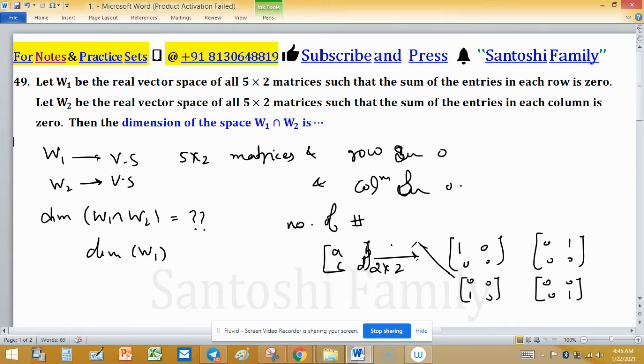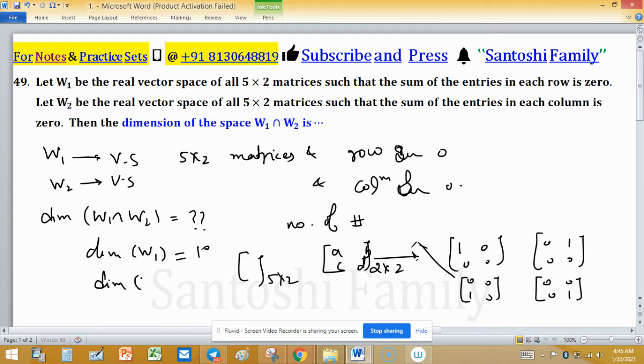So if a matrix is given, the number of free elements is considered the dimension of the space. The size of W1 is 5 by 2, so the maximum possible non-zero entries are 10, so its dimension is 10.